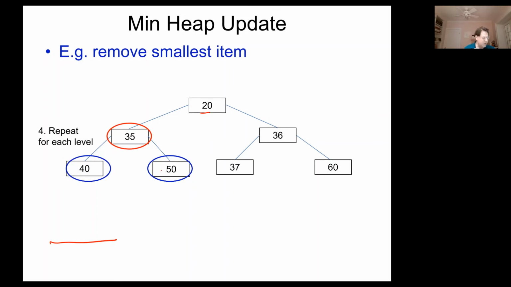If this tree was huge, if it had a million nodes in it, it still only has 20 levels, and I would only compare to my children 20 times, not a million times. Does that make sense? And there is no case where you do more. You will only compare to your children, and the number of levels you go through is logarithmic in the size of the tree.